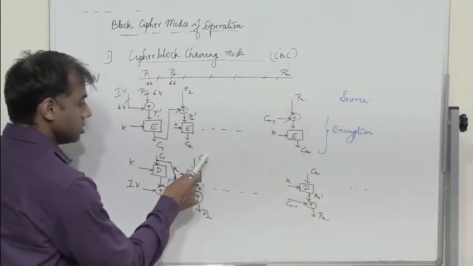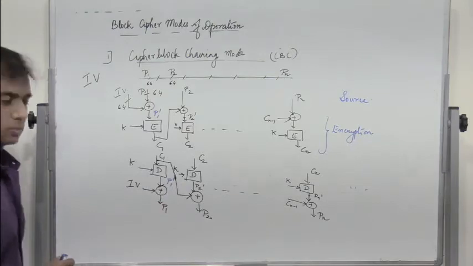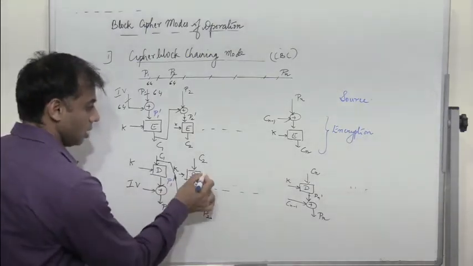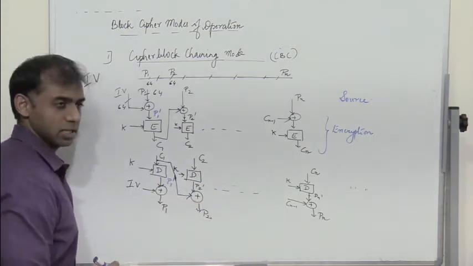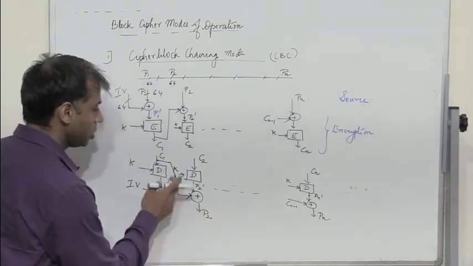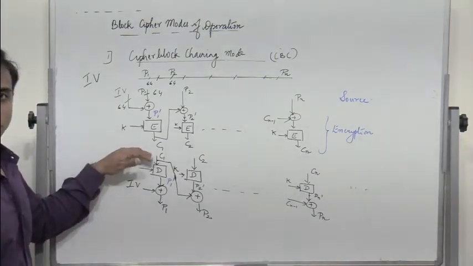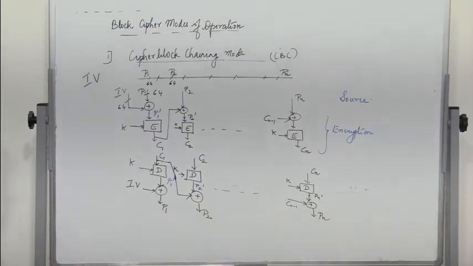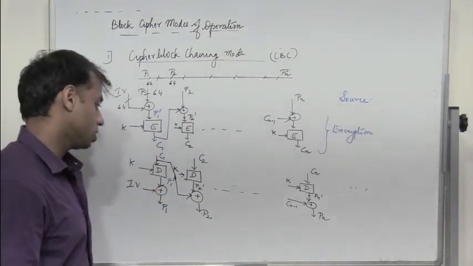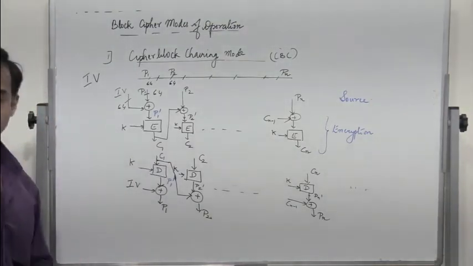Because P2 depends on C1, right? So here C2 is given to the decryption algorithm and I get P2 dash. But how do I get P2? I get P2 by XORing it with C1, but C1 has errors. Okay, so the error propagates here in cipher block chaining mode. So therefore, because of XORing which takes place, we have propagation of error which takes place.